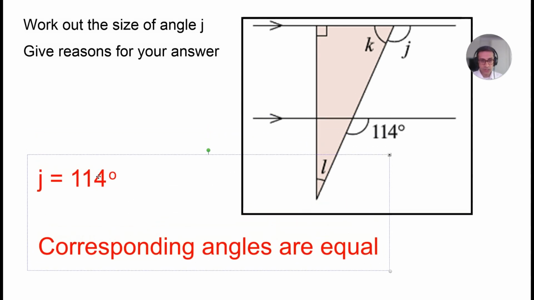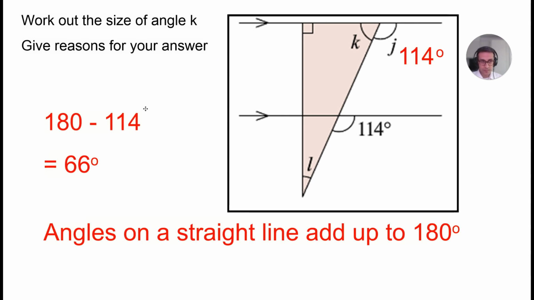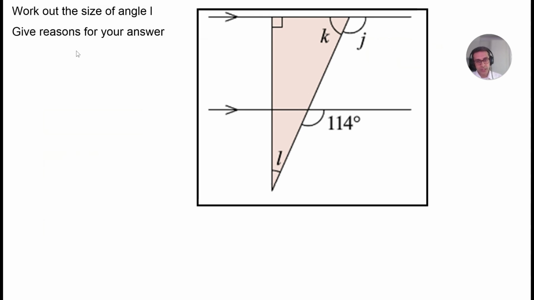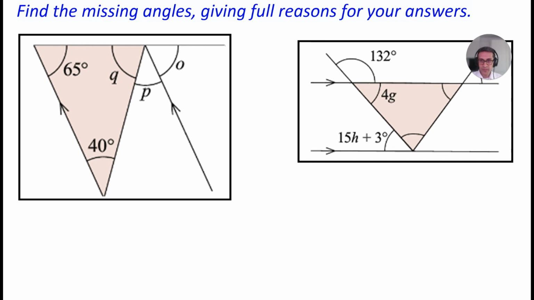It's just J that we need. This is a 114. So if you were to work out K, I kind of spoiled that for you, but you can see it's going to end up being 66. And then when you know that 66, you can work out L because it's a triangle. So that gives you 24.